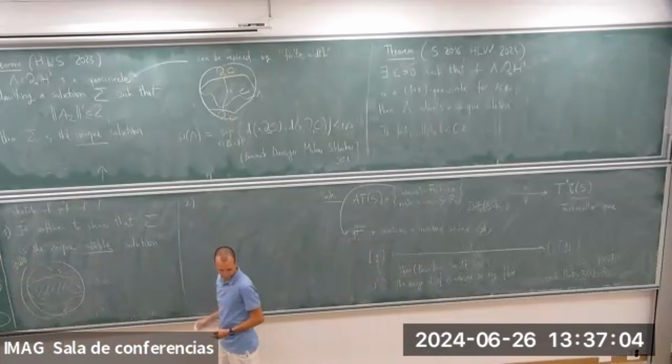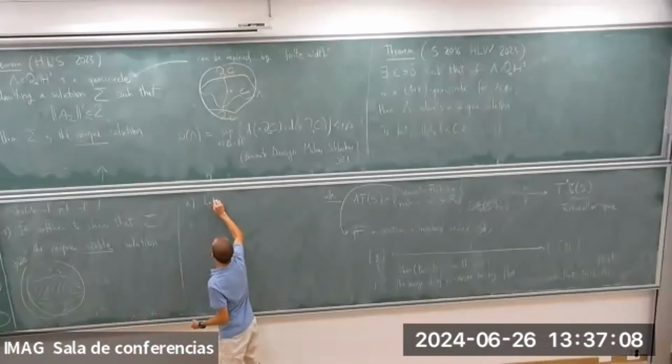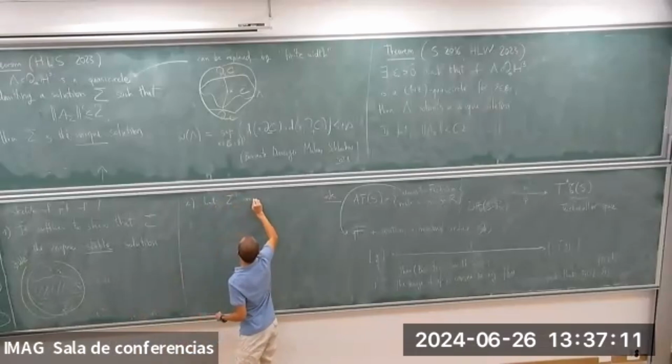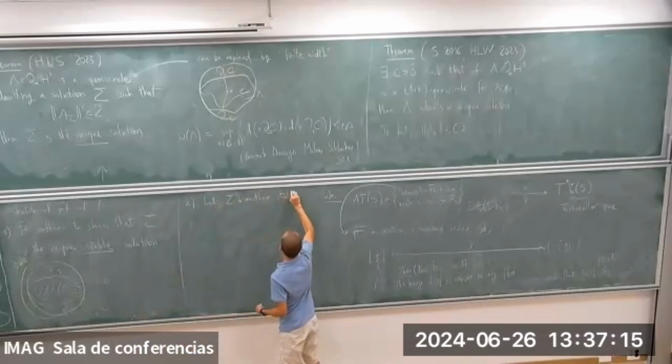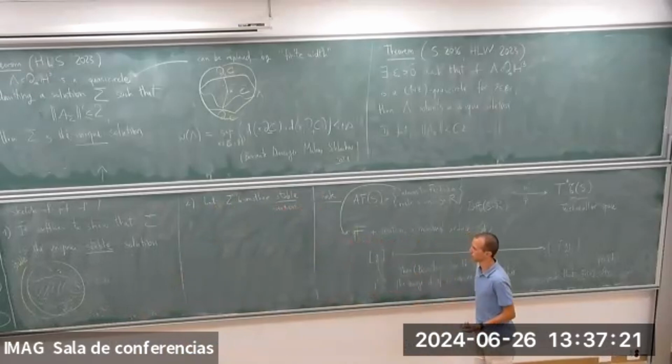Now, the second step is, let sigma prime, by contradiction, be another stable solution. Now we suppose there is another stable solution.